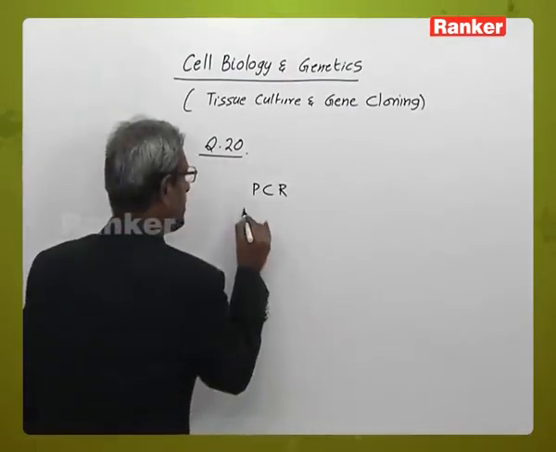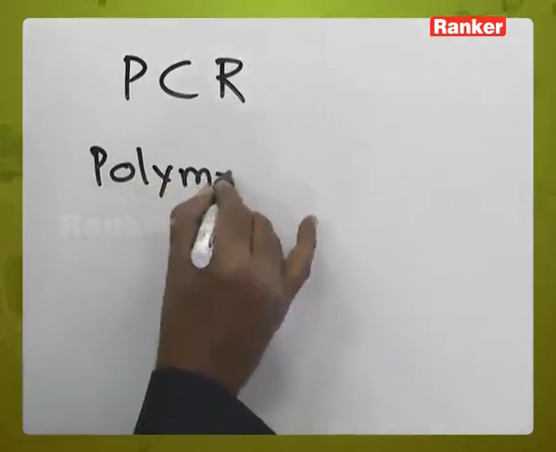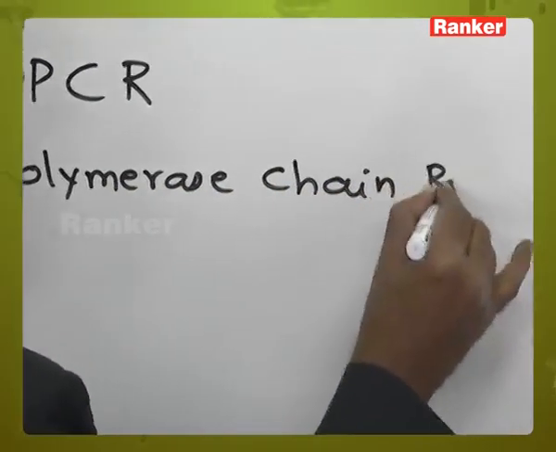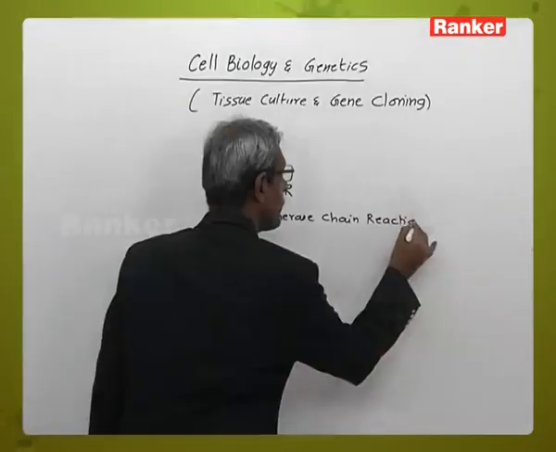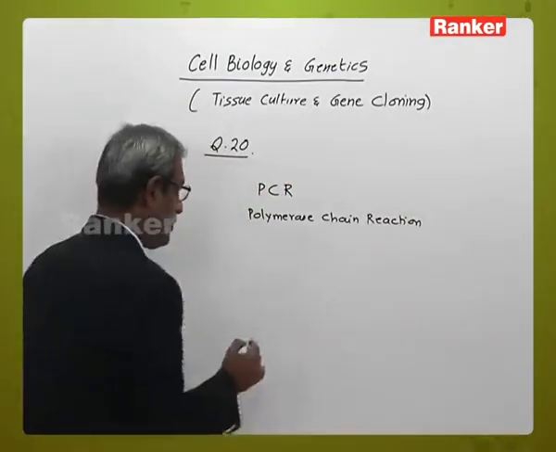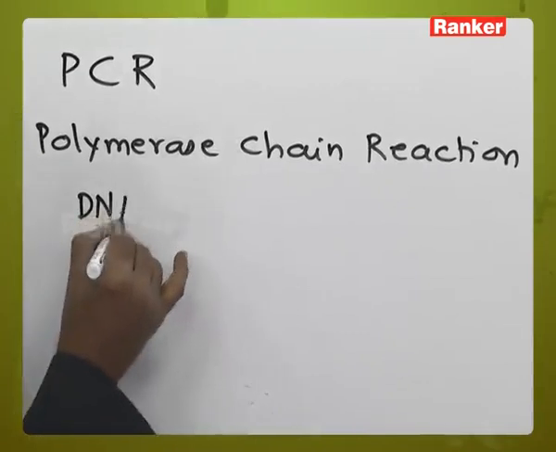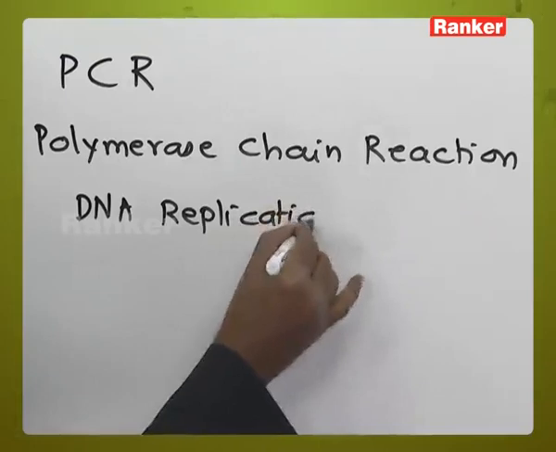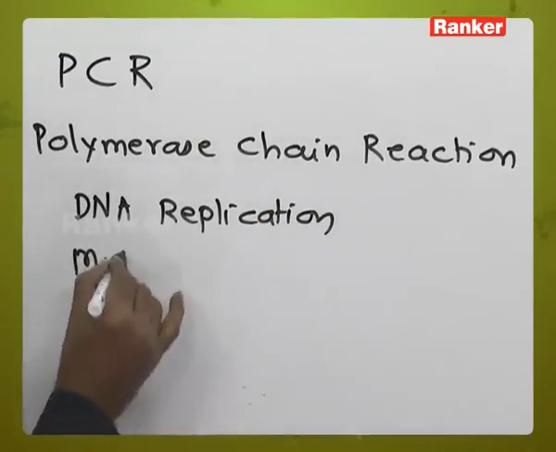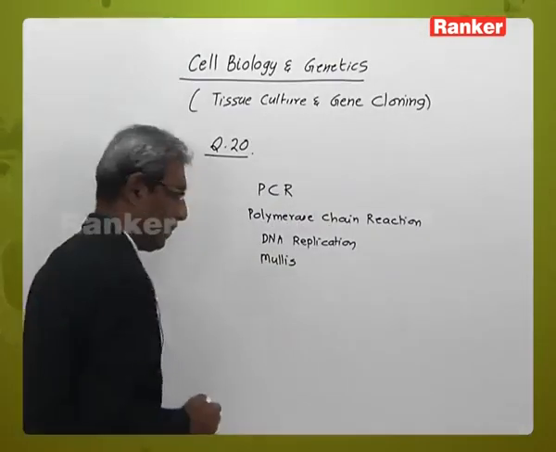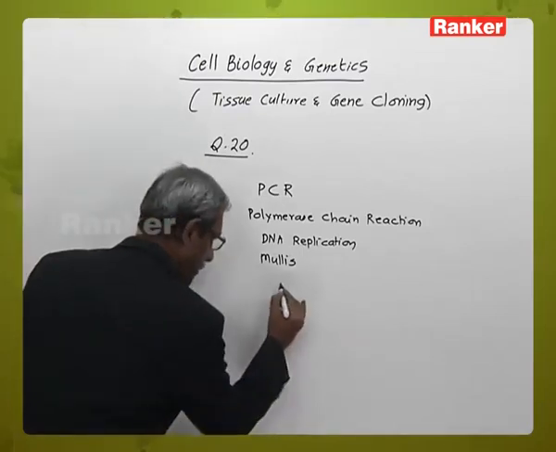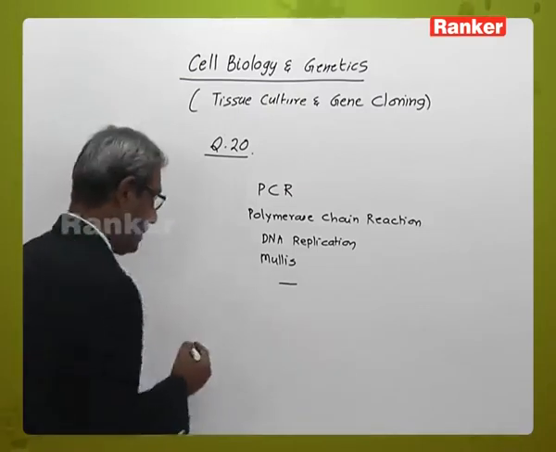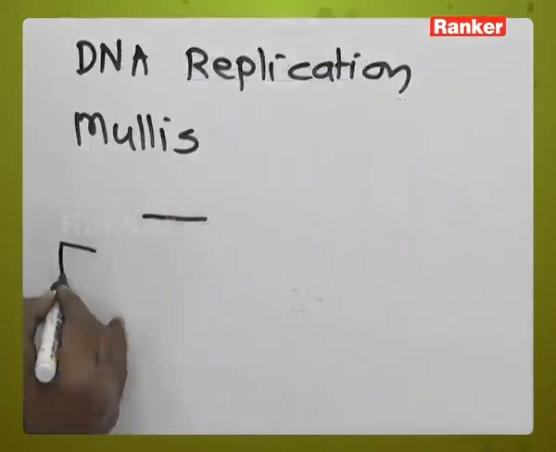Polymerase chain reaction is based on the principle of DNA replication, and it was developed by a scientist named Mullis. So, when we have a small bit of DNA, to this DNA bit you add a probe.